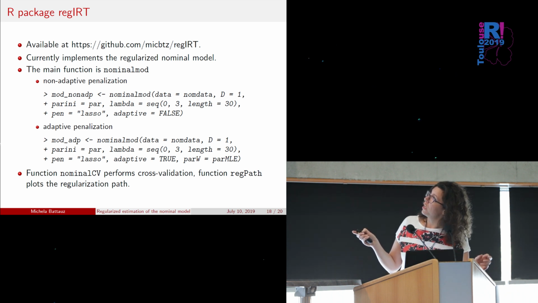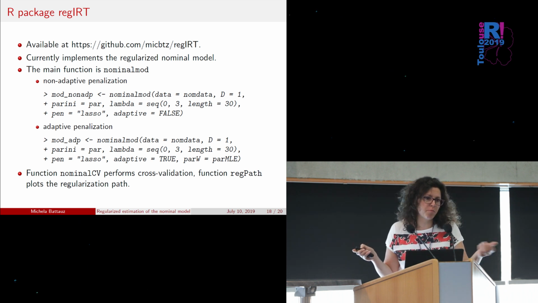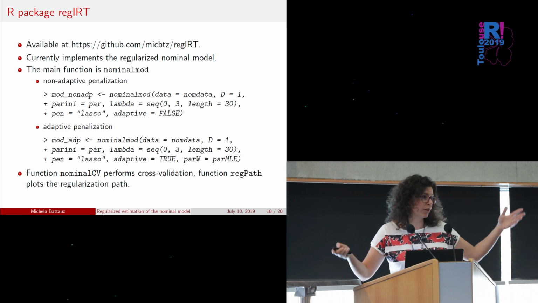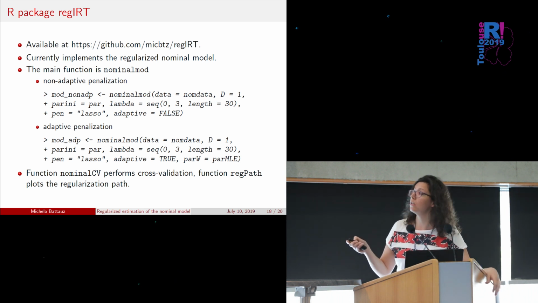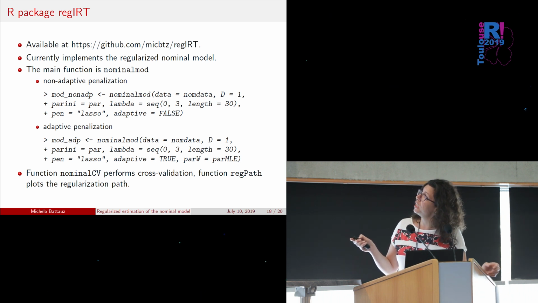which takes as arguments the data, the number of dimensions, which is the number of latent variables. In this case, it's just 1. But I'm working on the extension to more than 1 latent variable. The initial parameters, the values of the tuning parameters, which can be just one or a vector of values, the type of penalty, in this case, a lasso penalty, and whether the penalty is adaptive or not.